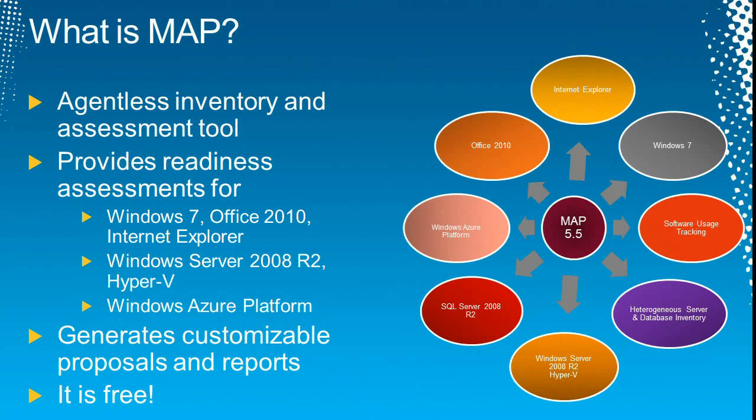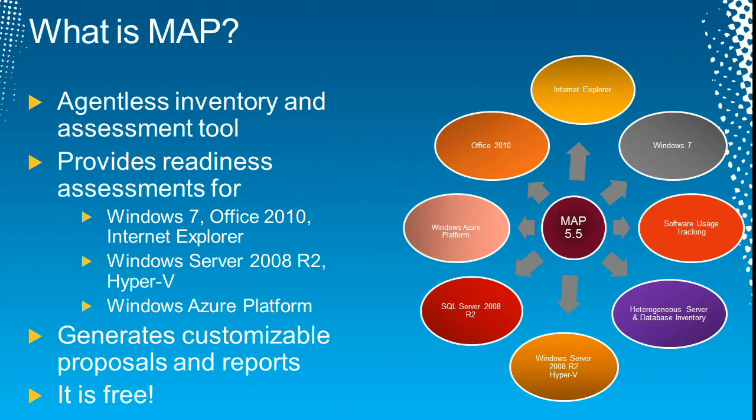So what is MAP? MAP is an agentless inventory and assessment tool. By agentless, what we mean is that in order to run the MAP tool in your environment, you don't need to install a piece of software or agent on the computers deployed in your network.